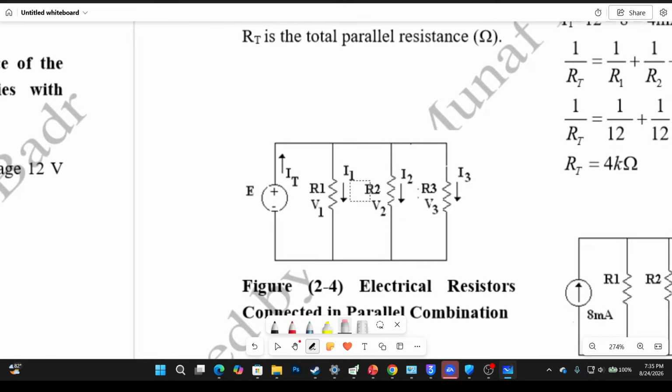Now, KVL states that the algebraic sum of voltage rises and drops around a closed loop should equal 0. So if you take this loop, the algebraic sum of the potential differences should be equal to 0.